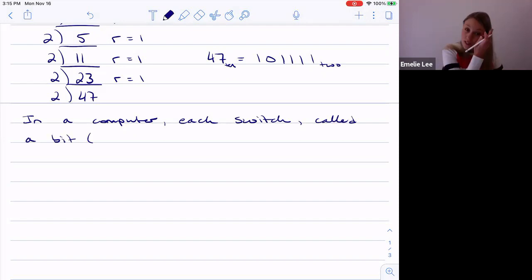Bit, which stands for, what's it called when you smush words together? Binary digit has been smushed together to bit. Portmanteau. Yeah, see, I don't know. IDK.